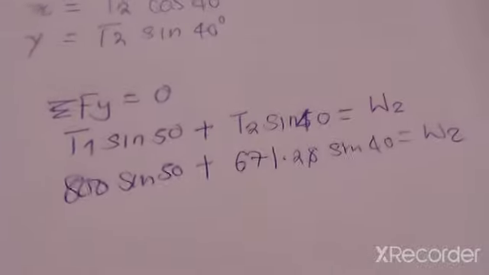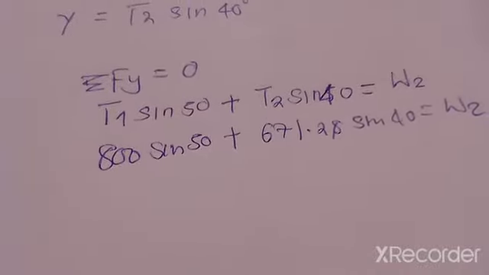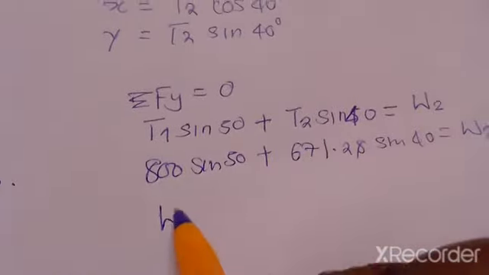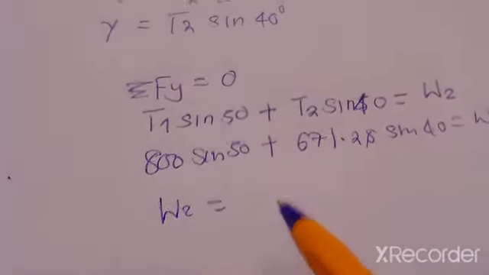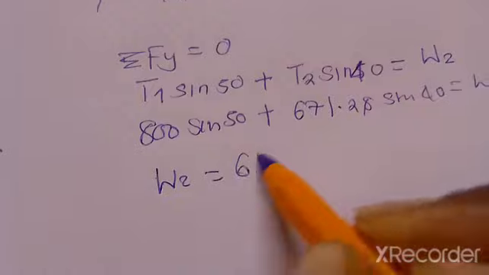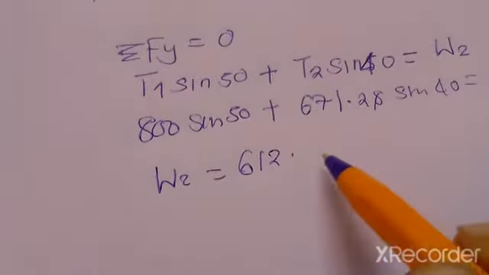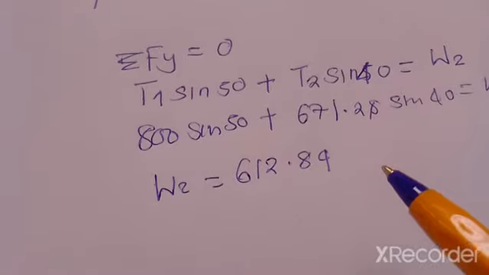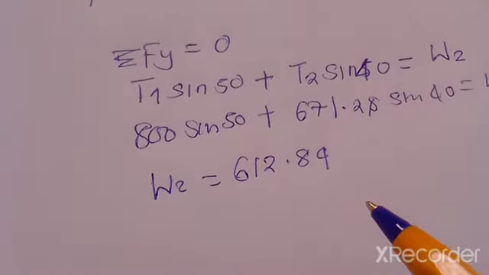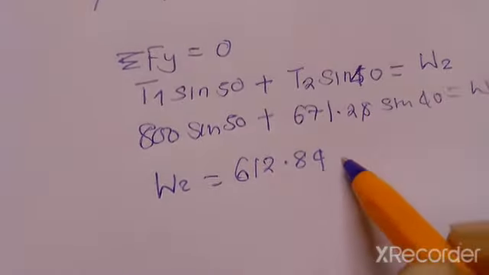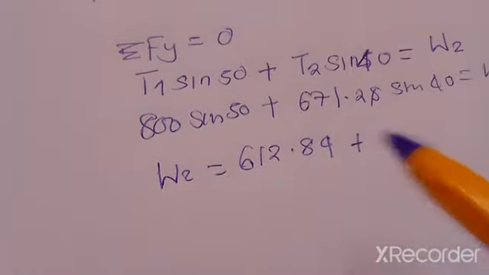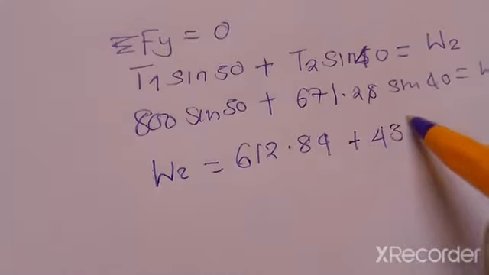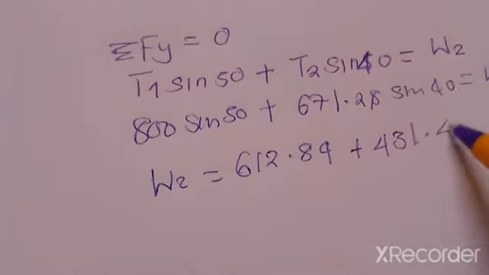Since we want to find W2, what is W2? If you simplify this equation, W2 will be equal to 612.84, which is 800 plus 431.49.